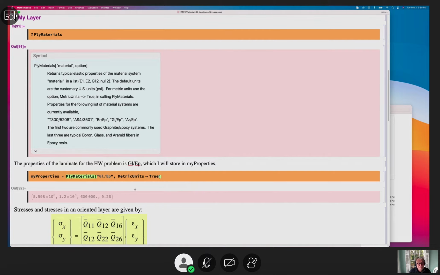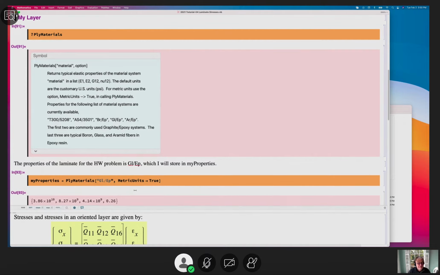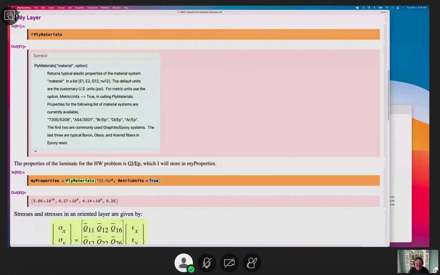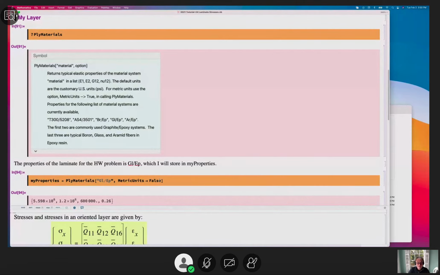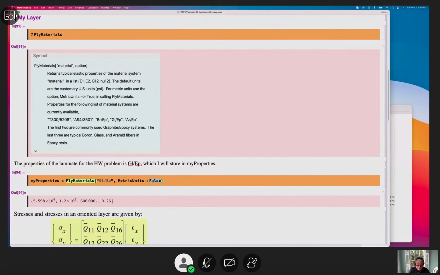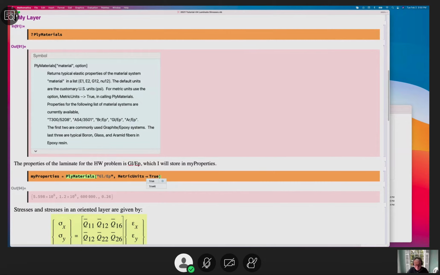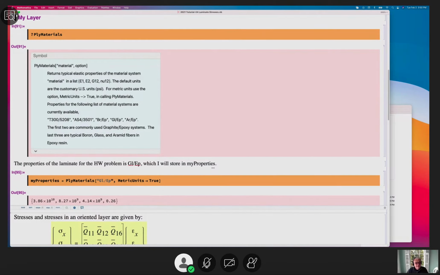All right. So this is now metric units. So metric units, you can say true or false. If you say false, it will give you in the conventional units. But for the homework, it is true. All right.